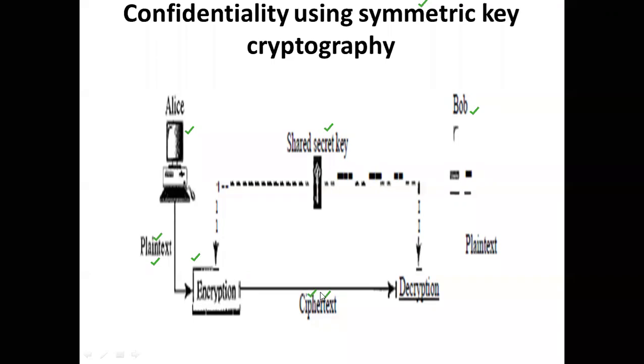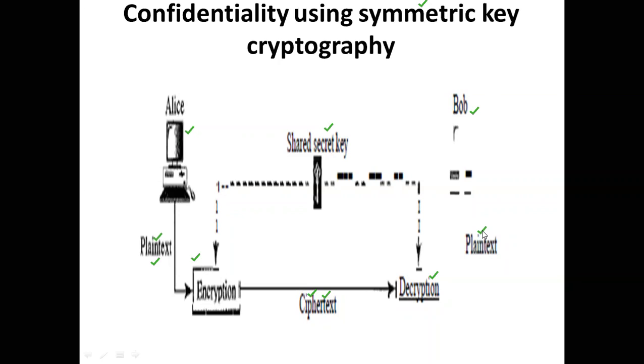Now this cipher text goes to the receiver. At the receiver side, Bob will apply the same key and the decryption algorithm. What he will get back is the plain text, the original text that was sent by the sender.